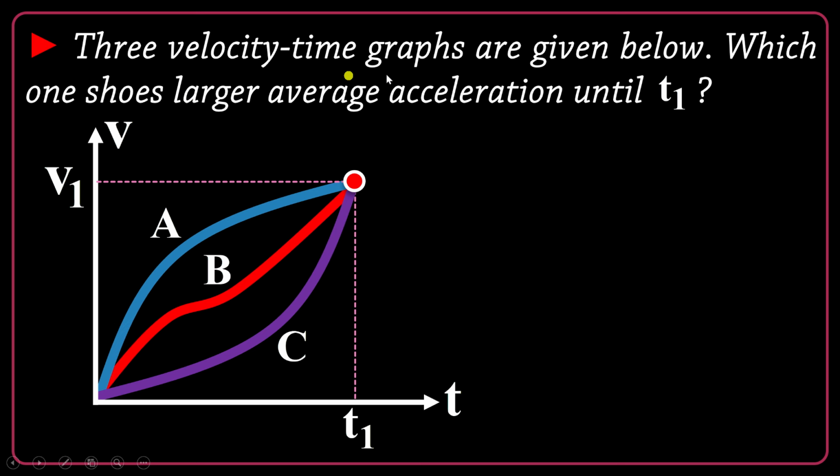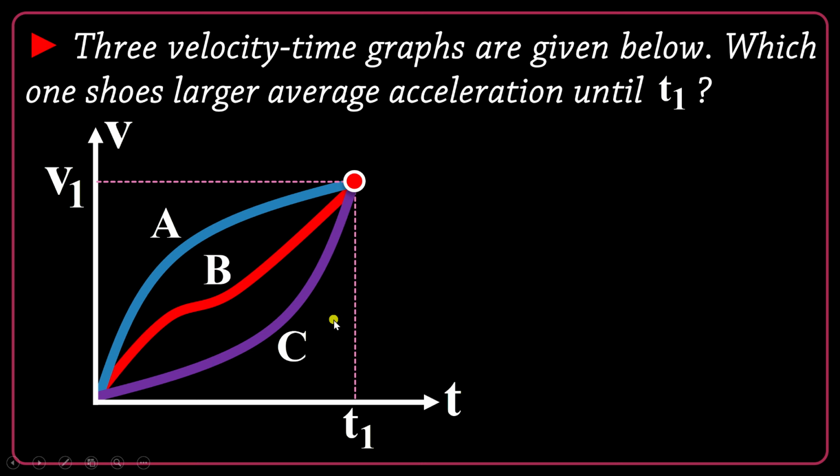3 velocity time graphs are given below. Which one shows larger average acceleration until t1? They all start from 0 and end at t1. Okay, look at this. The C, the B, and the A have all different behaviors in between 0 and t1. But it's not important for me.